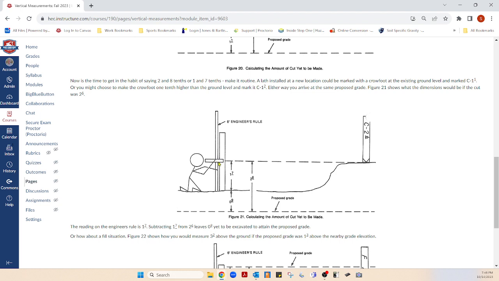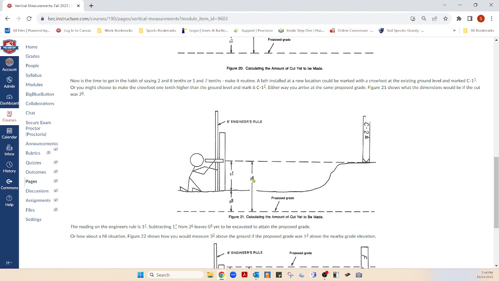Now, that mark he made is 1 7/10 higher than this, right? So from here down is 1 7/10 lower than this, but he needs to be 2 6/10 lower than this, right? So he needs an additional 9/10 to go down, which would put him at 2 6/10.